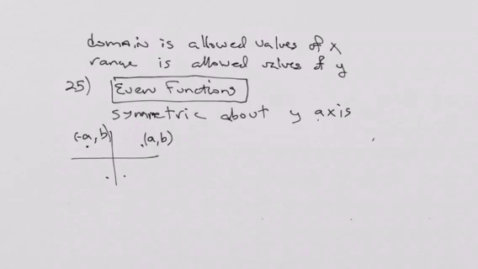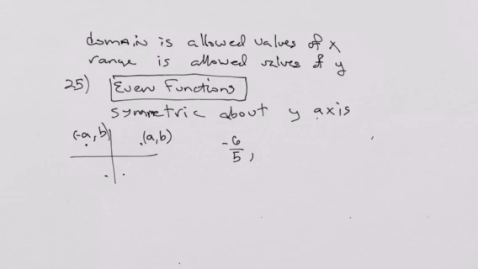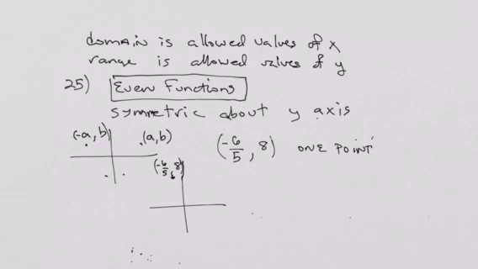If you have the point negative 6 fifths, comma 8, if that's one point, and it's symmetric about the y-axis, which is what it means when it's an even function, then I must have a point over there, symmetric about the y-axis.